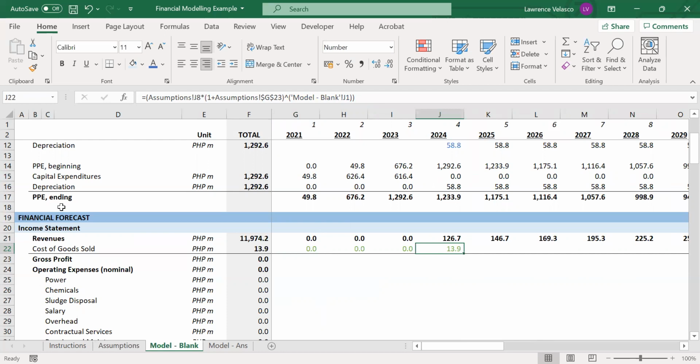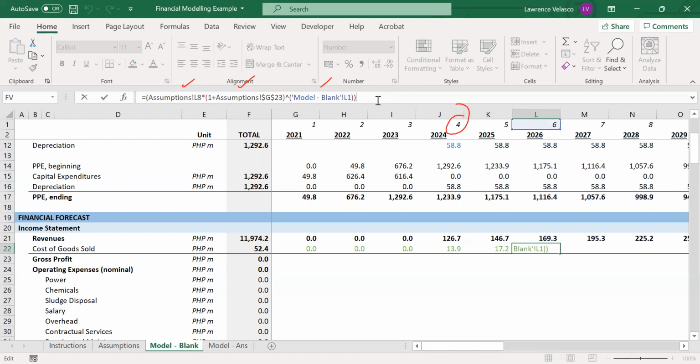Times 1 plus inflation. Okay? Right? Raised to J1, which is 4. And then if I move J1, I move this, J1 nagiging J2. J1 nagiging K1. Nagiging L. So namumove rin yung exponent. Right?